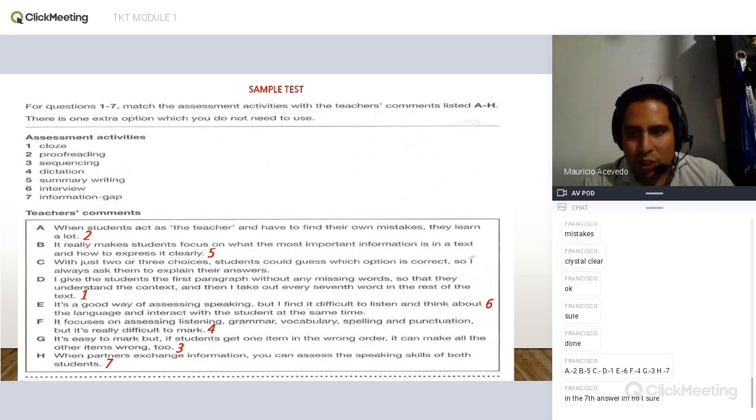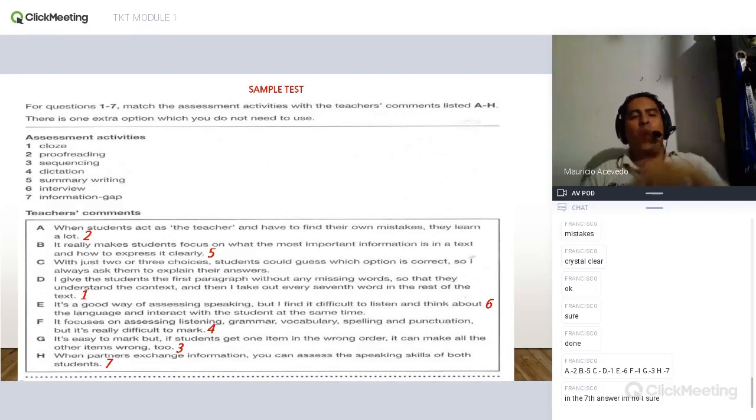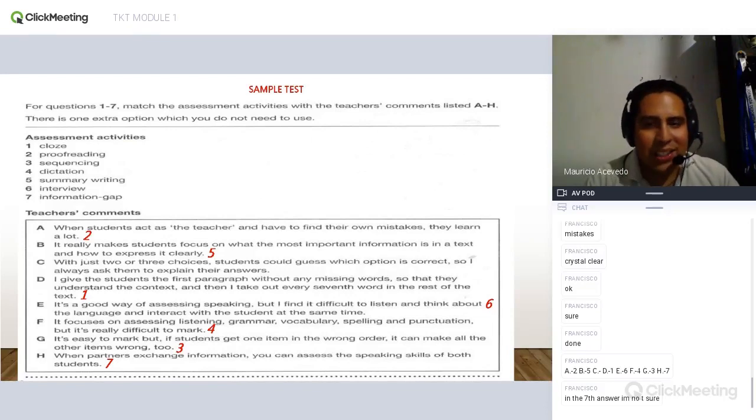Letter A is two, letter B is five, letter C is the extra one, letter E is one. No, sorry. Letter D is one, letter E is six, letter F is four, letter G is three, and letter H is seven. Perfect. One more time, Francisco, congratulations. I got confused about letter H, but you were correct.